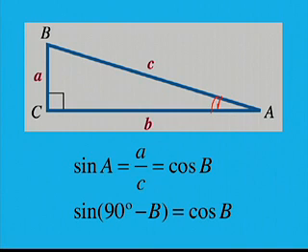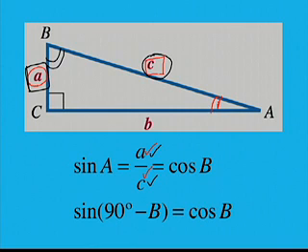And if we look at the sine would be A over the hypotenuse, which is C. Well, interestingly enough, what if I turn this around and say, let's look for the cosine of angle B. Here's the cosine of angle B, and notice that cosine is the adjacent side, which would be A, over the hypotenuse, C, which is the same exact value that we got for the sine of A.